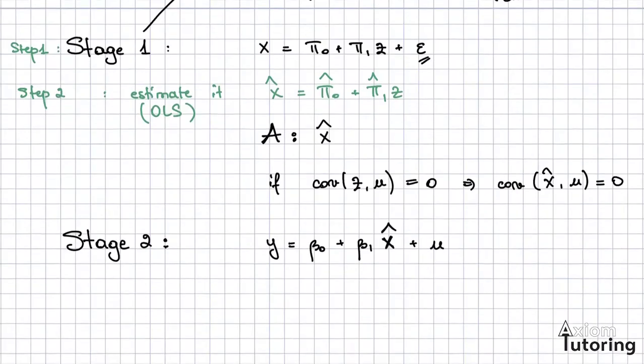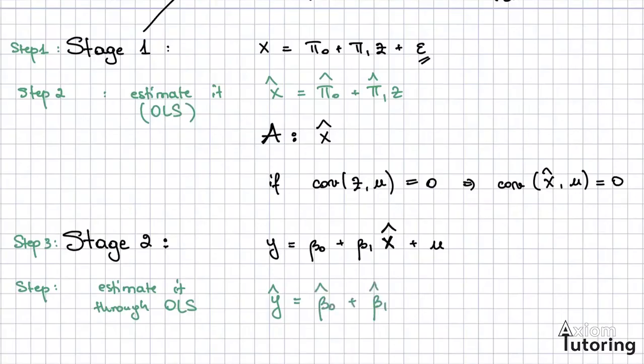So this would be, let's say, step 3. And in step 4, again, you're estimating it through OLS. So this is your second OLS regression, in which case you're going to get Y hat equals beta 0 hat plus beta 1 hat. I'm going to put IV in here because this is ultimately the beta IV you were looking for, or the beta 2SLS, whatever you want to call it, X hat, okay?